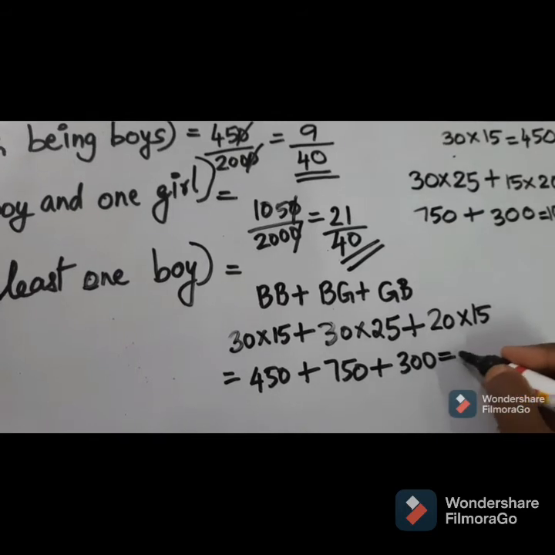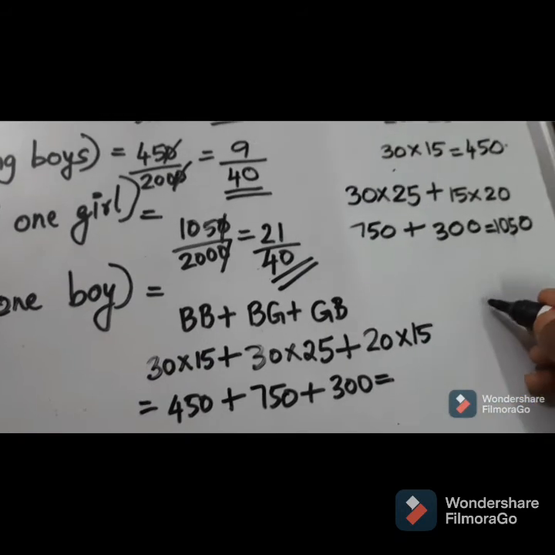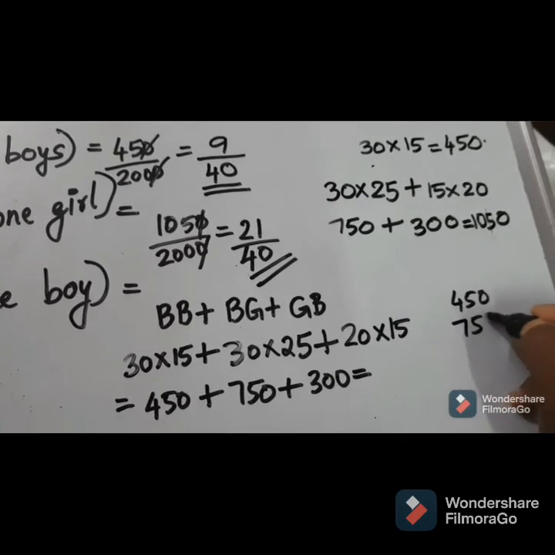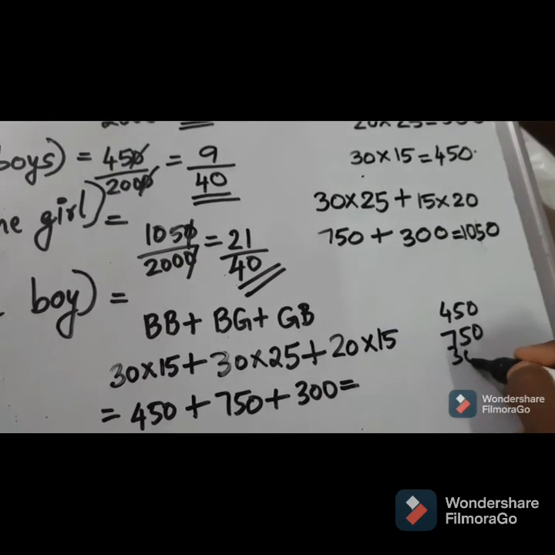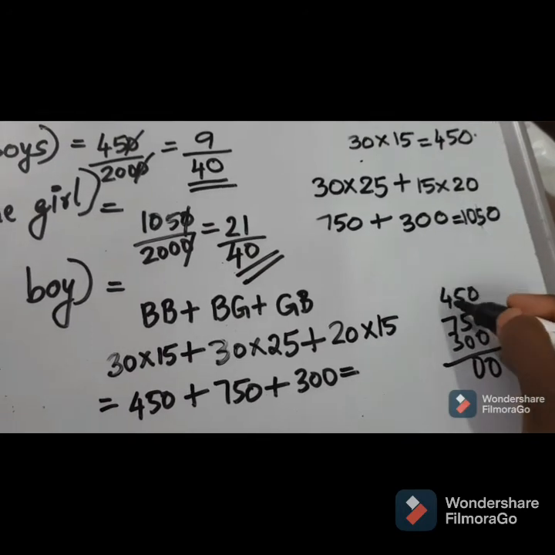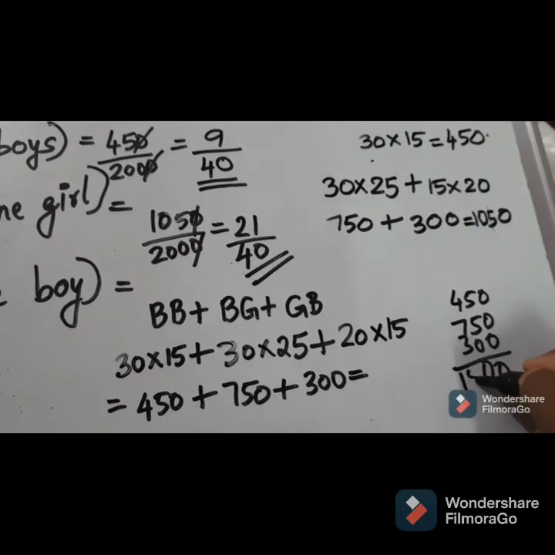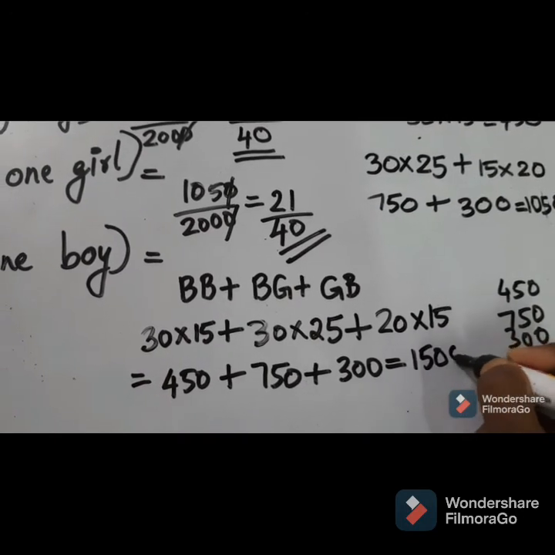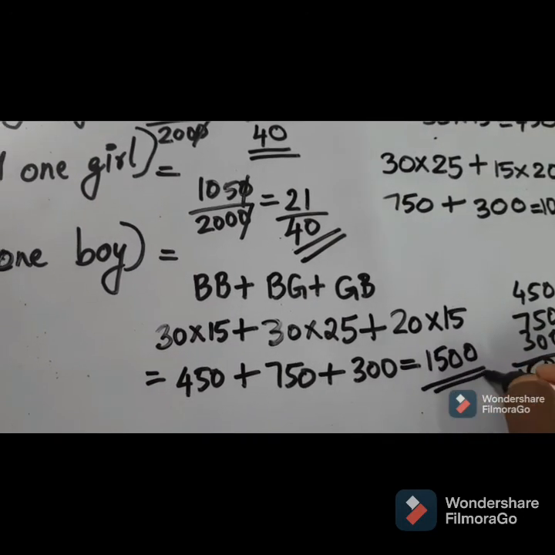So total will come, we can add 450, 750, 300. That is 1500 pairs are coming, at least one boy.